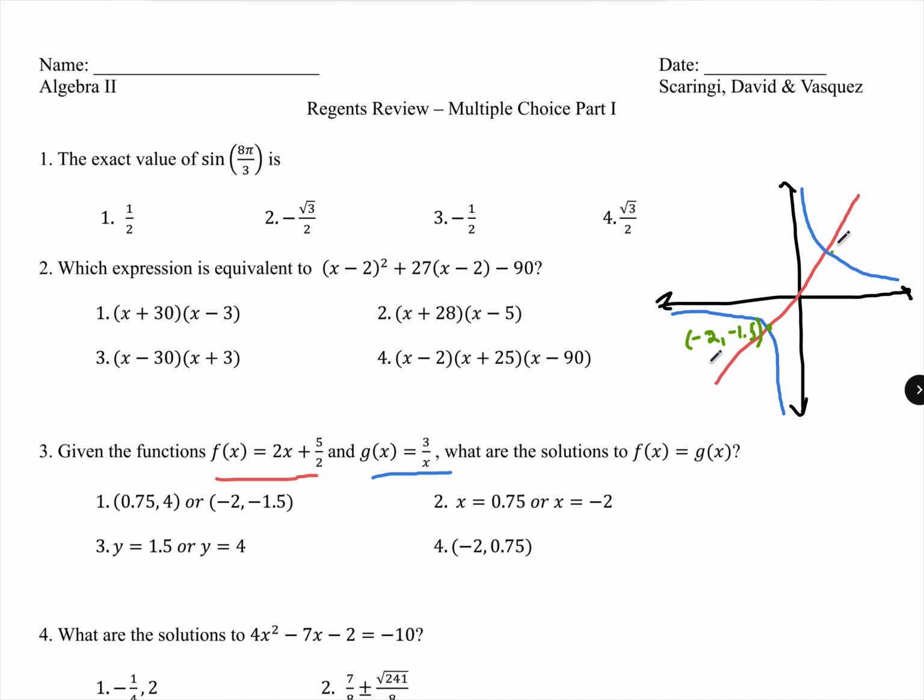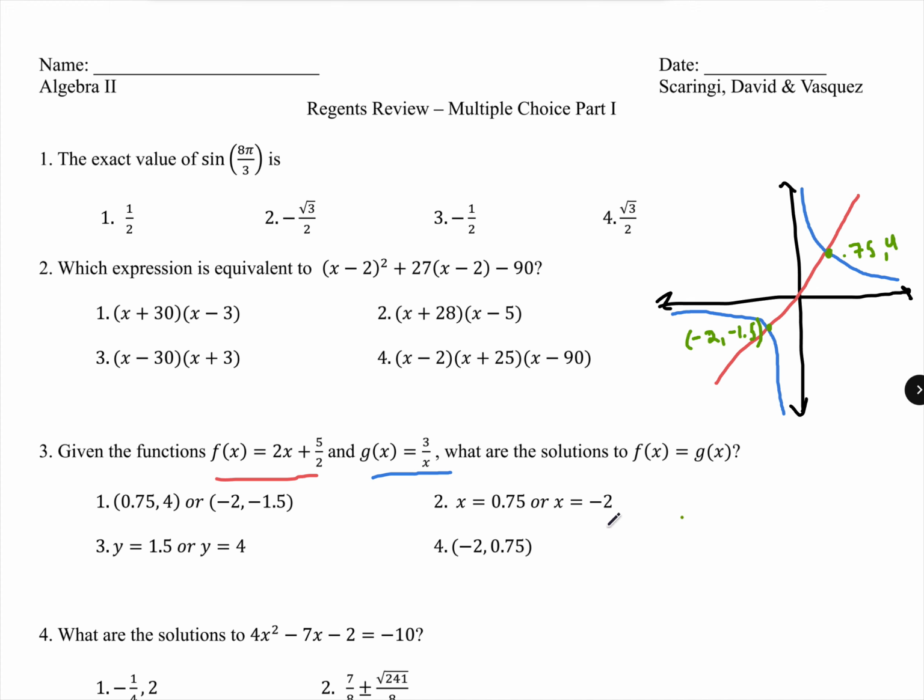And if I do it again, I'm going to say go to second calc, intersect, except this time I'm going on my red line and then on the blue line. That's in quadrant 1. Might have to move the cursor around a little bit, but it gets there. Press enter again. This time it's giving me this intersection point as 0.75 and 4.